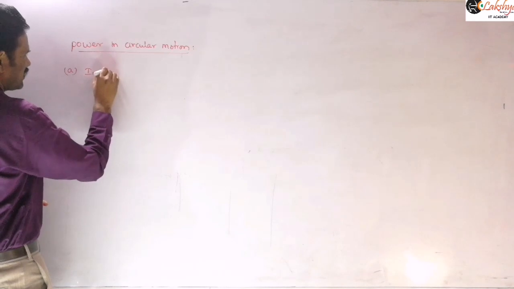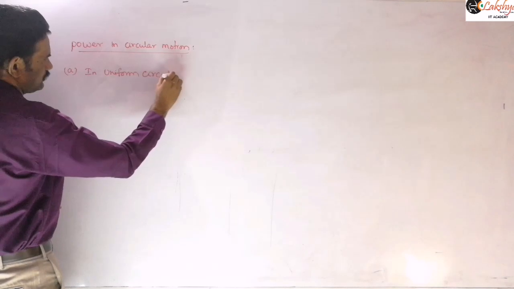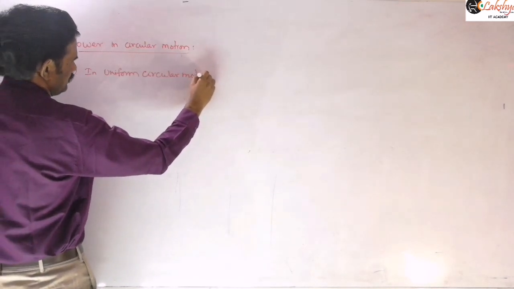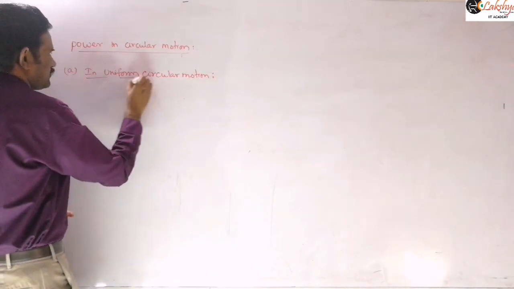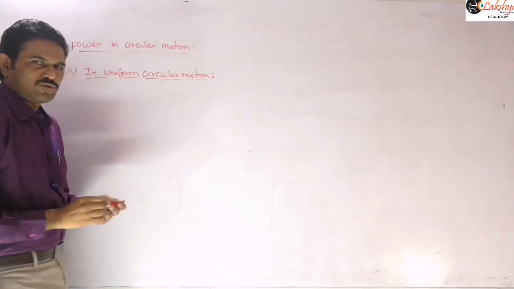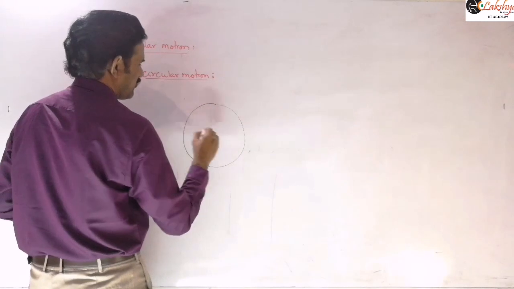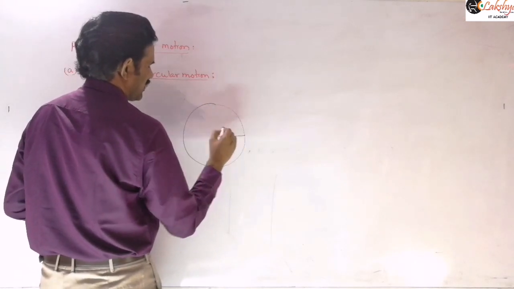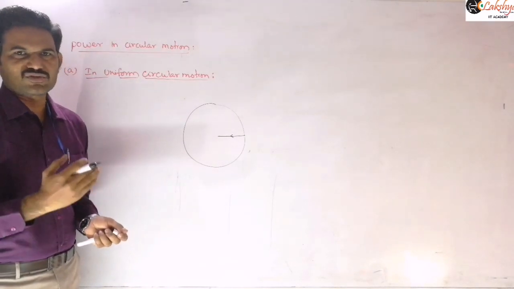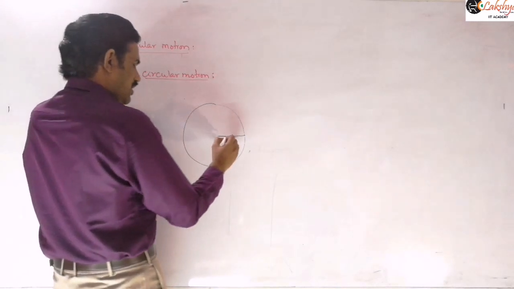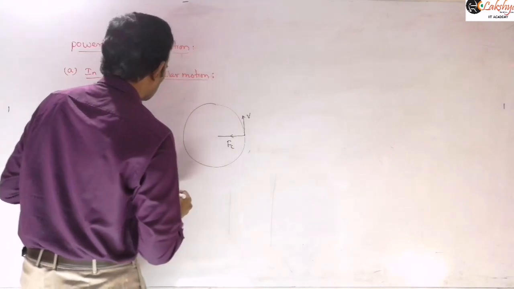In uniform circular motion, as we discussed in the last class, omega remains constant, so only one acceleration is there, the centripetal acceleration, and so only the centripetal force will be there. There is no tangential force here, and this centripetal force will be directed like this, and the velocity of the particle will be along this direction here, right?